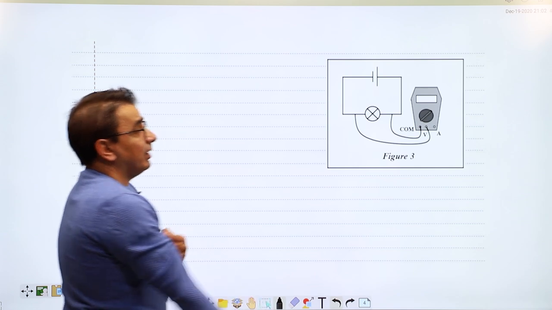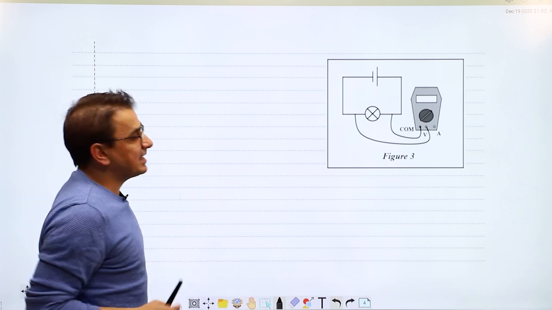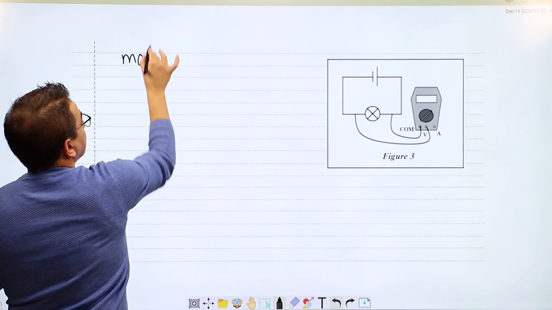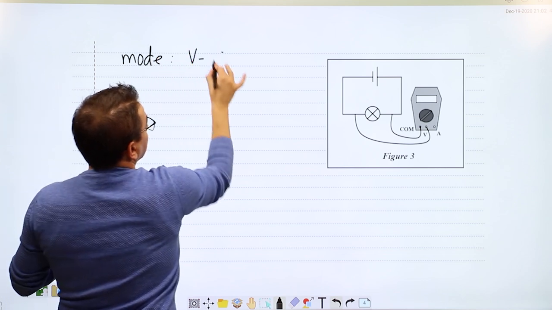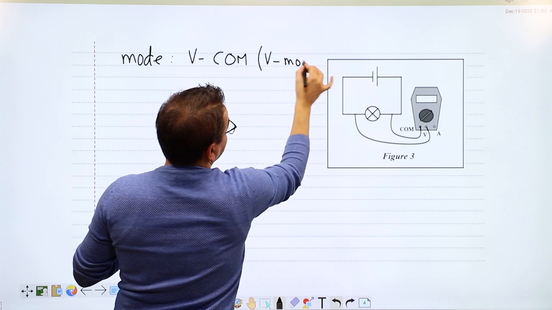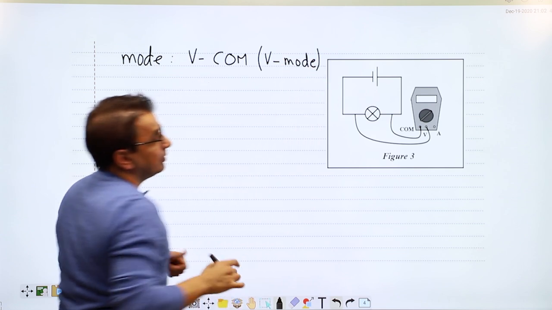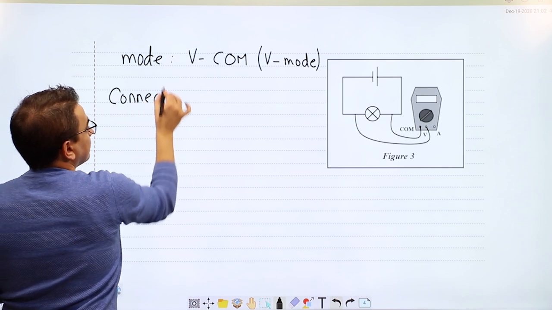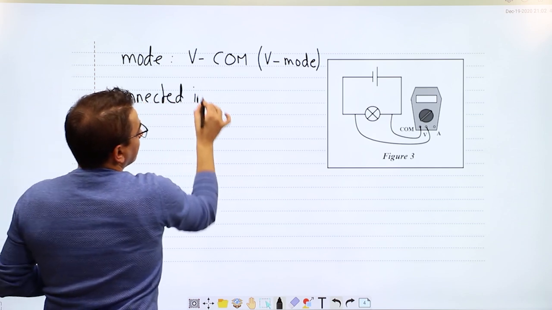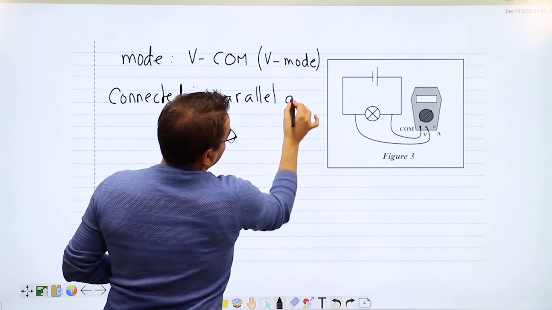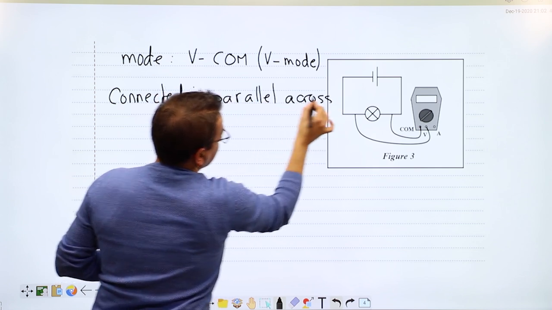3. Again, now we can go faster. Check mode. So the mode is V and COM, or V mode, simply a voltmeter. It is connected in parallel across L, across the lamp.